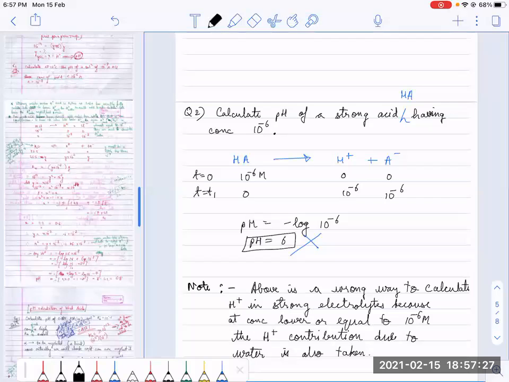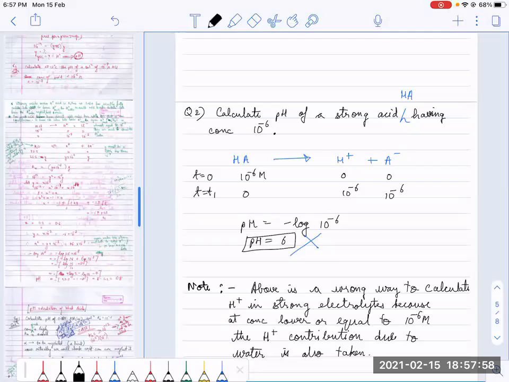That will be told to you in one way or the other. As soon as you know it is a strong electrolyte, the question becomes very easy. The concentration of H plus due to the acid or any electrolyte is the actual pH of the solution basically.